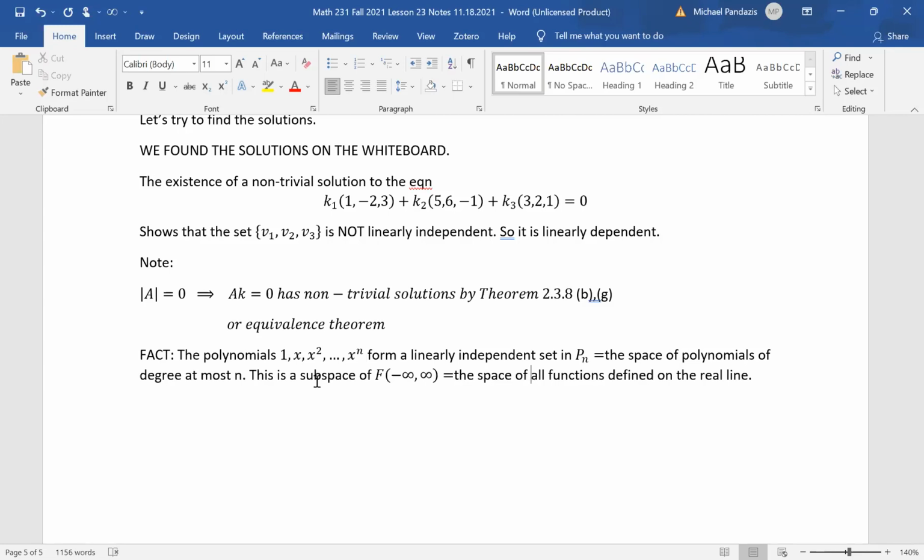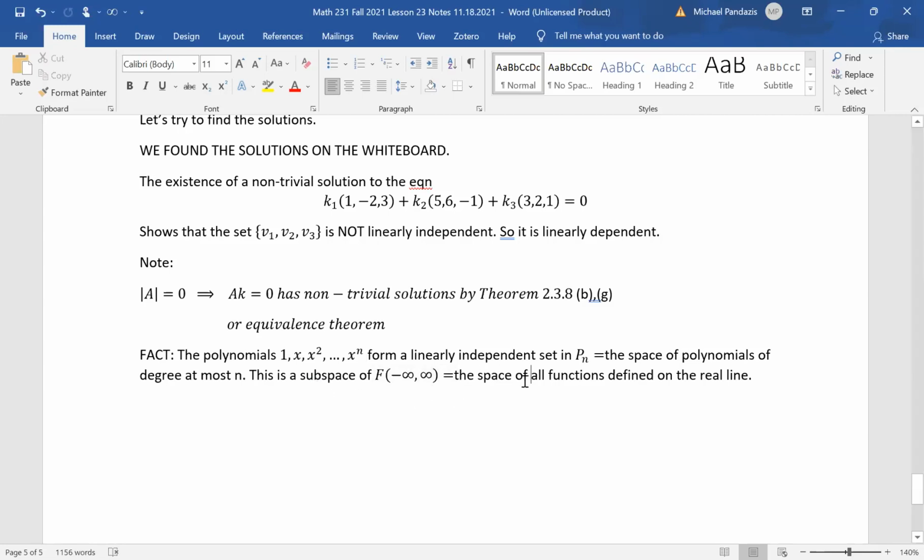And so you can associate every polynomial with a function defined on the real line. And so the space of polynomials is a vector subspace of the space of all functions defined on the real line, because the space of polynomials is closed under addition and closed under scalar multiplication, and every polynomial can be identified as a function defined on the real line. Okay, but anyway, that's a fact.